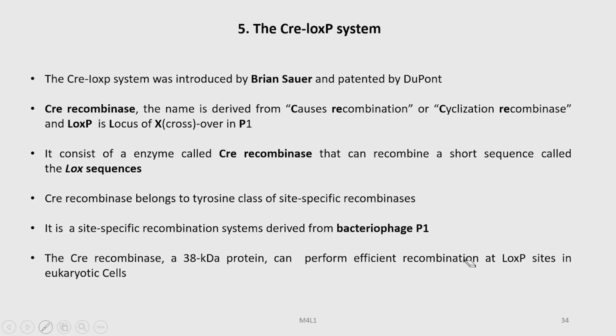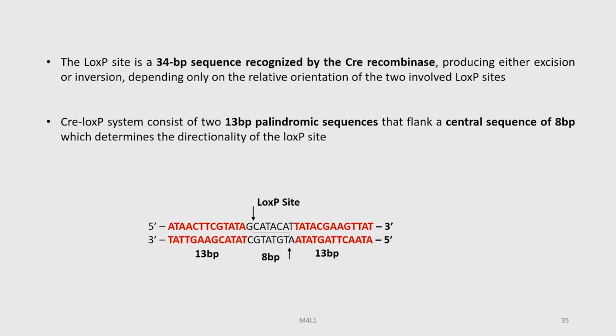The Cre recombinase is a 38 kilodalton protein which can perform efficient recombination at LoxP sites in eukaryotic cells. The LoxP site is a 34 base pair sequence which is recognized by the Cre recombinase, producing either excision or inversion depending only on the relative orientation of the two involved LoxP sites.